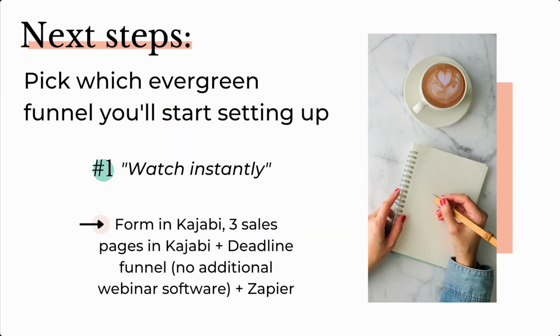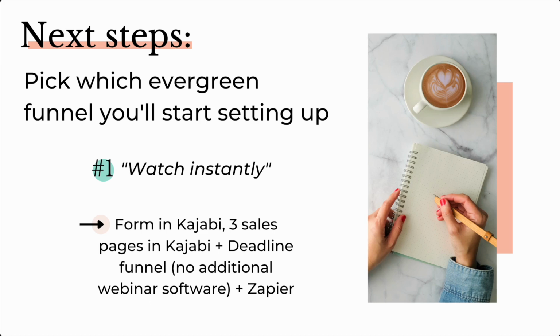Make sure that you have picked your evergreen funnel first. Either the first one, aka watch instantly, where you won't need any external webinar software, but just the platform for your sales pages that you're already probably using, or you can use Kajabi, which I'm teaching you in this course. I'll show you step by step how to set everything up.